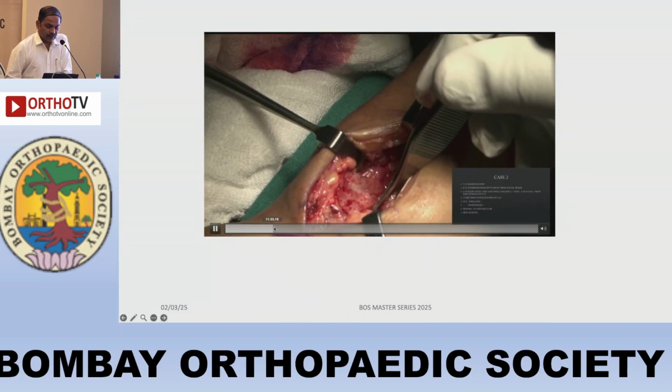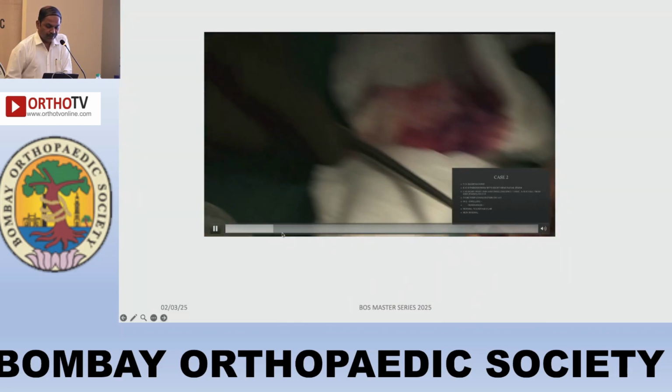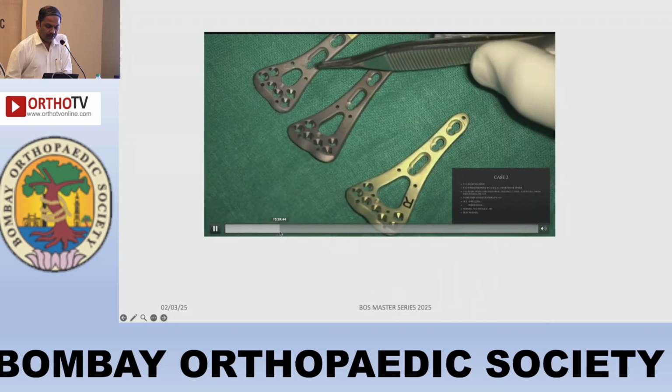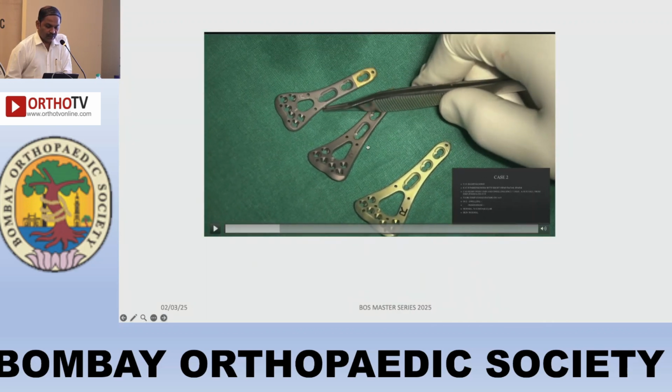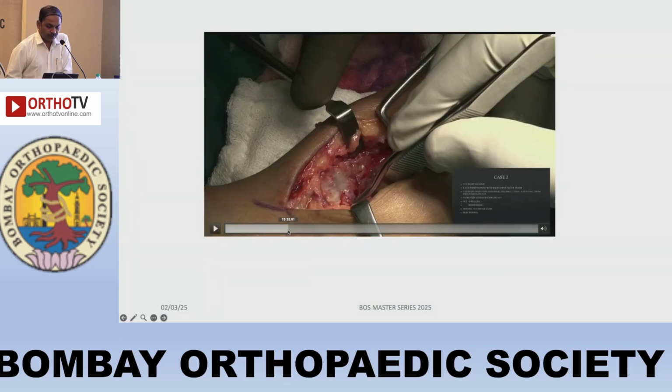And subsequently, we stabilized with a buttress configuration of the plate. Now, this particular design, these standard variable angle locking plates, the narrow, standard, and broad, is seen on the picture here. We use the standard plate considering the width of the bone.